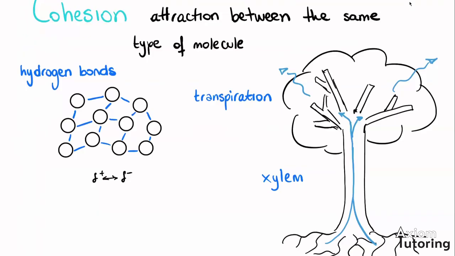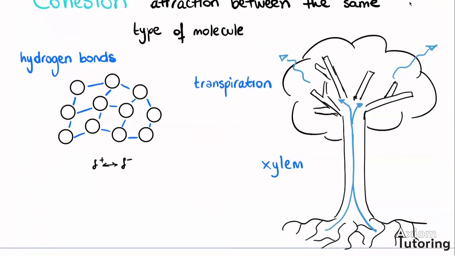For example, trees are able to transport water from their roots up to their leaves through cohesion of water. They do so through small, thin tubes called xylems found in the stem or the trunk of the tree.